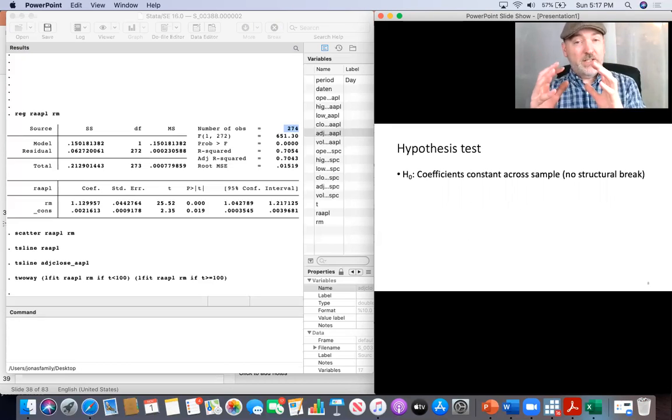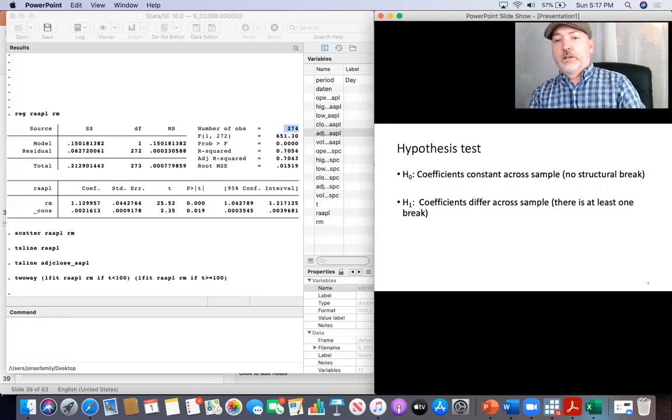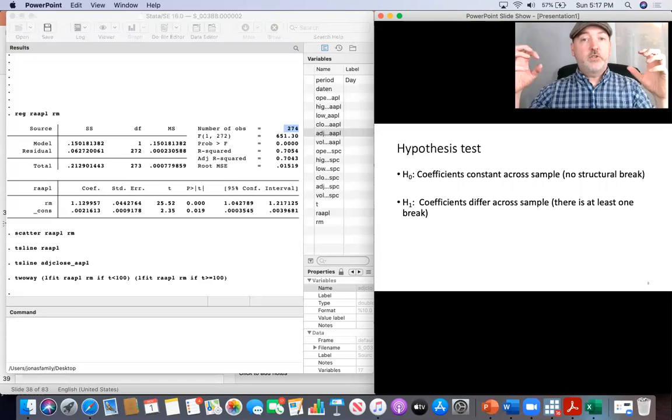So if that F-statistic is small, then what that tells us is it doesn't really make any difference if we allow the break or not. So a break isn't going to be useful. And therefore, we would not reject that null. If the F-stat is large enough, well, then allowing the break does cause a big difference in the performance of the model.